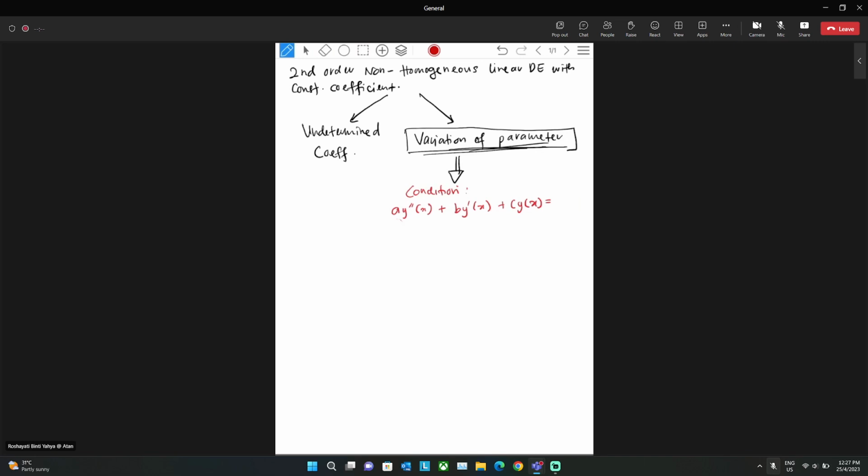If f(x) consists of a complex function, an example here is ln x, sine, exponential x, for example.